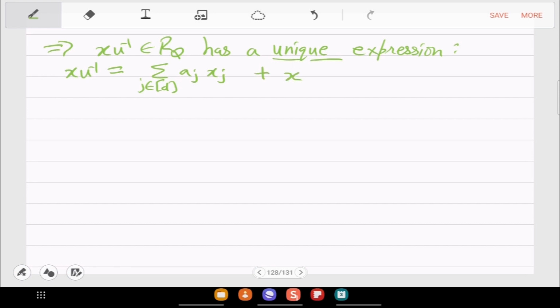So there is an x prime, where the a_j are in the base field and x prime is in the maximal ideal. So you can write x u inverse mod M_Q in the basis, because it's an element in the ring and you have a basis found already, x_1 to x_d, and the a_j are field elements.